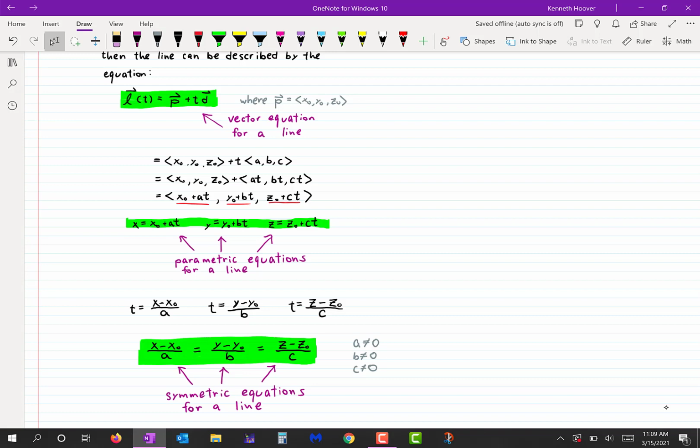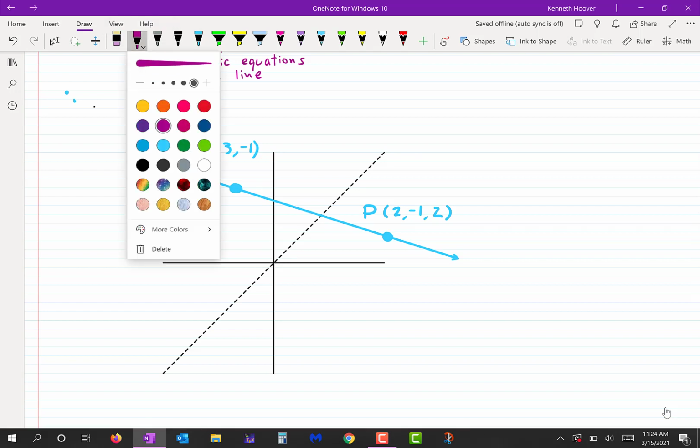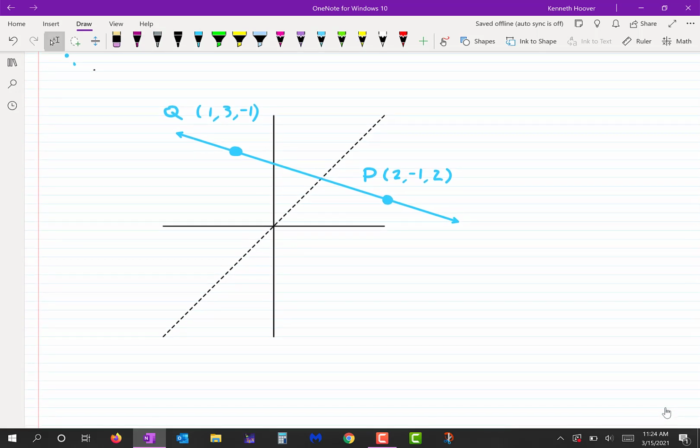So let's just do a quick example. Okay, let's find the equation of this line that goes through the points 2, -1, 2, and 1, 3, -1. Okay, now there's lots of correct answers, so you might do it differently, but here's how I'm going to do it. Okay, what we're going to do is, let's decide on an initial vector.